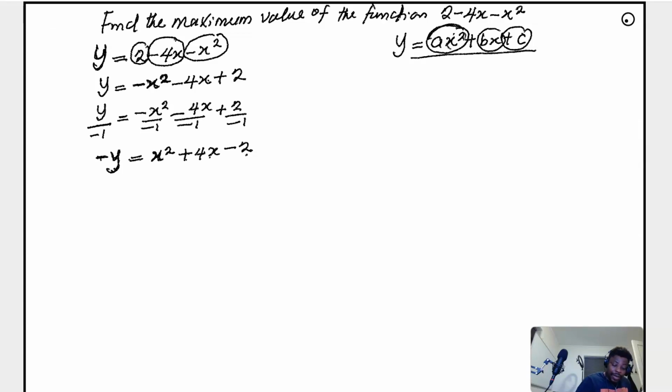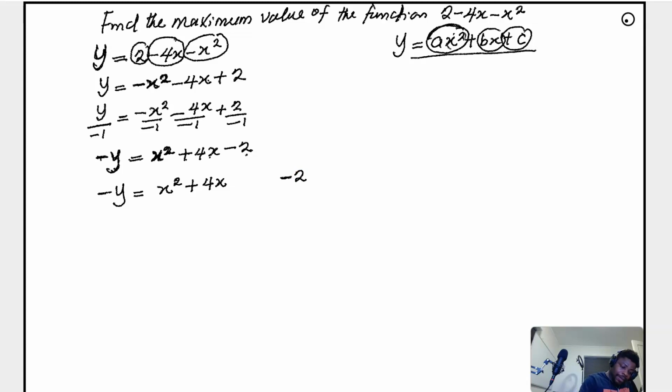Okay, so now let's apply the completing the square method. Remember here that the coefficient of x is already 1. So it's easy. I will just say minus y is equal to x squared plus 4x, and I leave space. You know why I'm leaving that space? Then minus 2, then I leave space.